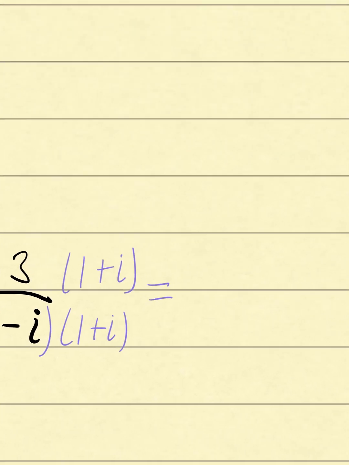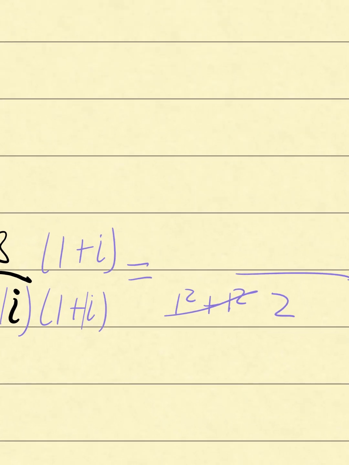And on the bottom, to simplify, we can use the shortcut. It's going to be 1 squared plus, if there's nothing in front of the i, you assume it's 1. So 1 squared plus 1 squared, which is just 1 plus 1, so this is just going to be 2. So we just get 2 in the bottom.